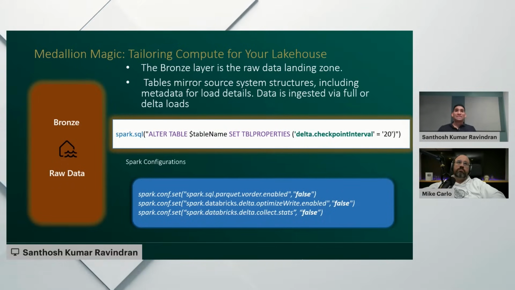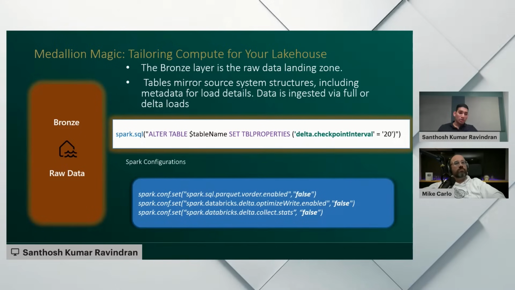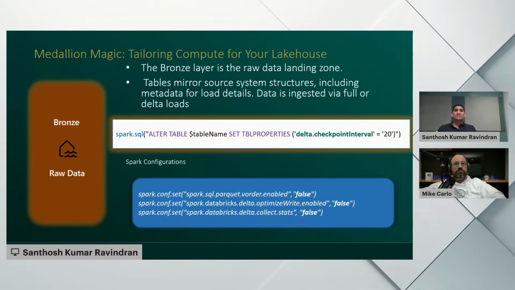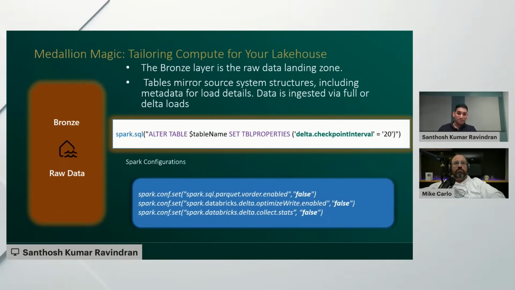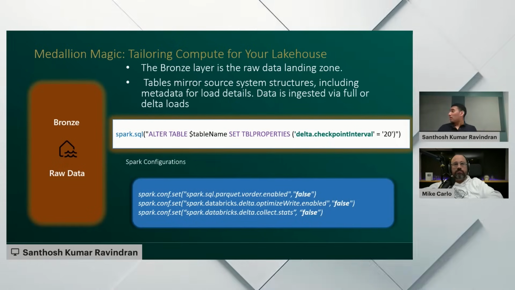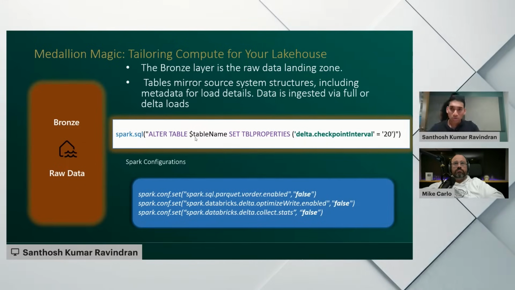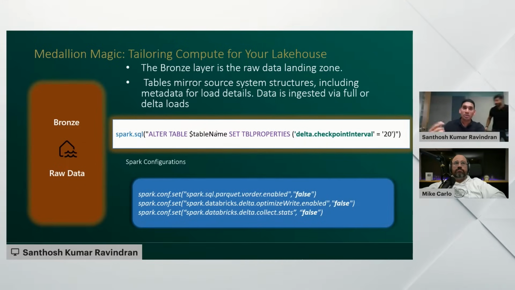And at the Spark session level, disable vOrder and optimize write, because you don't need larger file sizes or files optimized for reads, and also disable collection of stats, because you're not going to be querying against these raw data sets, so you don't actually have to use these.